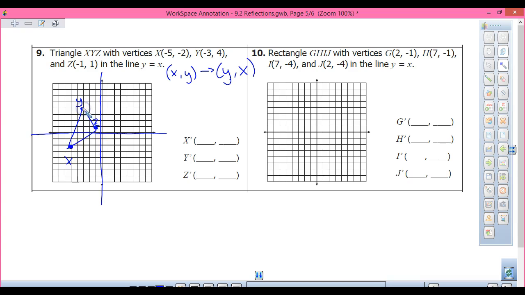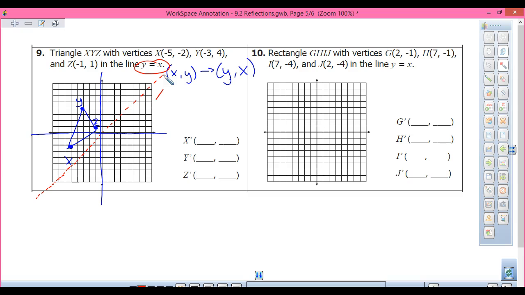Now, the line y equals x is this diagonal line right here. Goes through the origin and has a slope of 1. Yep, y equals x. Y-intercept is 0, so it goes through 0, has a slope of 1. So up 1 over 1, up 1 over 1 every time.